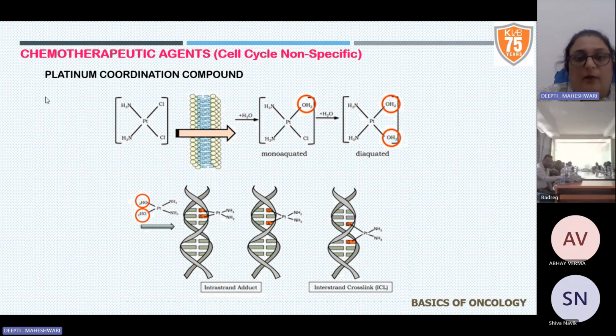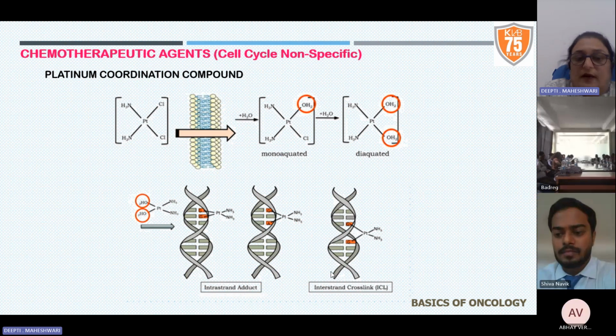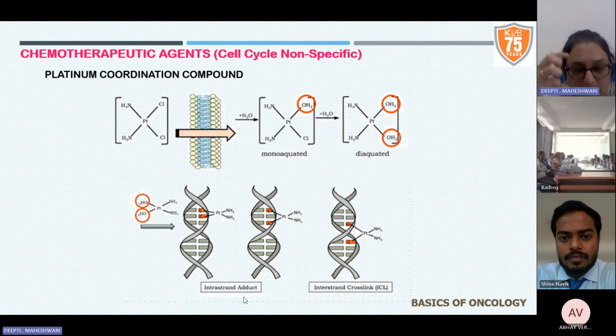After hydrolysis, they can attach themselves to two bases in the same strand, forming intrastrand adducts, or they can attach to bases in two different strands, causing interstrand cross linkages.